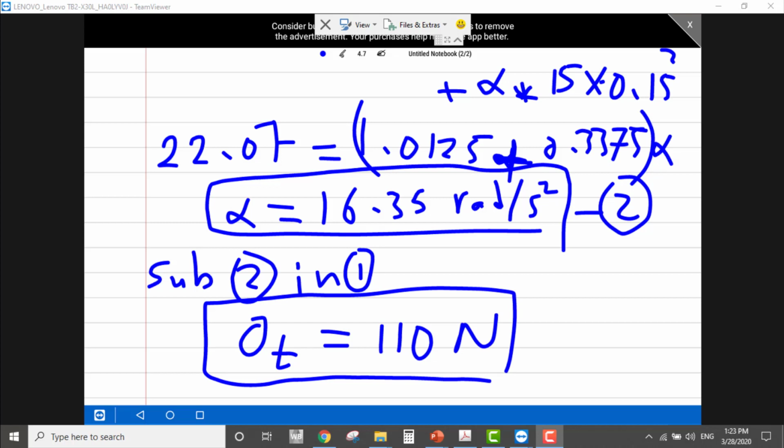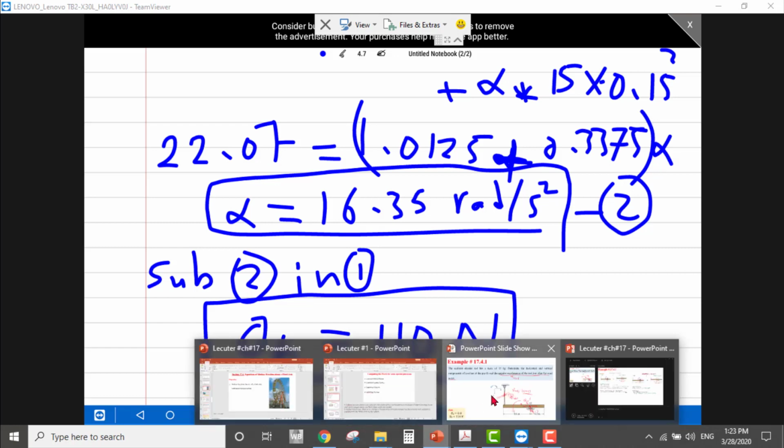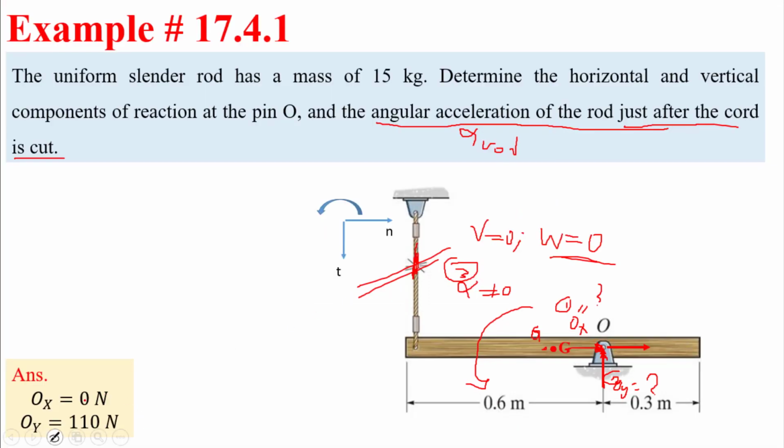Okay, let me go back to the PowerPoint. So yes, here is the answer. OX equal to 0, OY 110, and the acceleration equal to 16.35 rad per second squared. Okay, so here you need to take care of the directions.